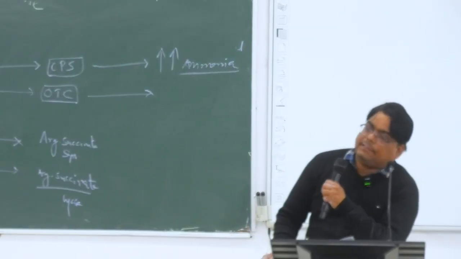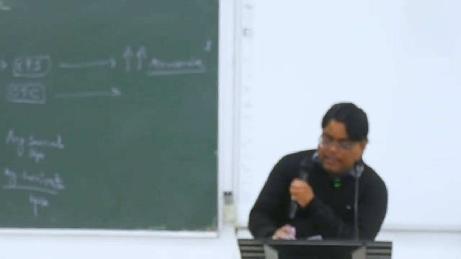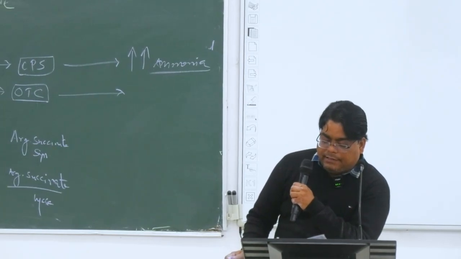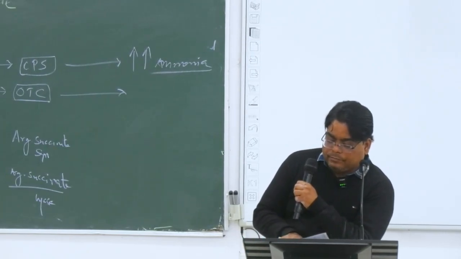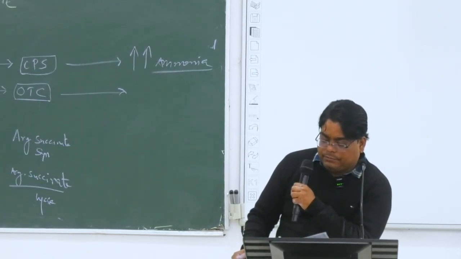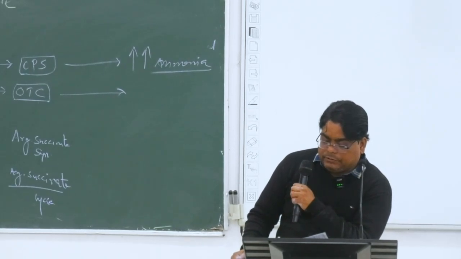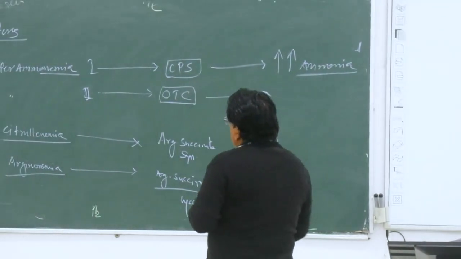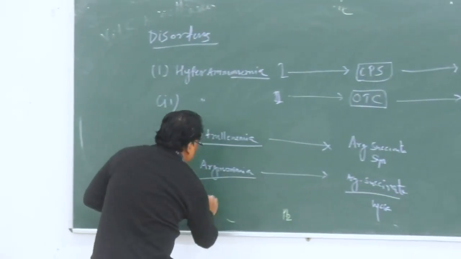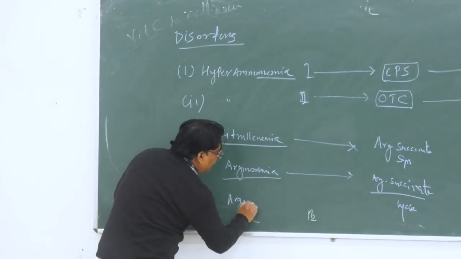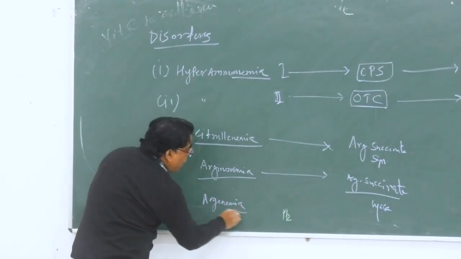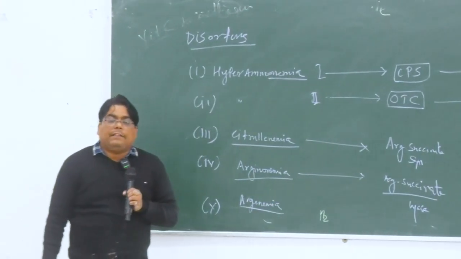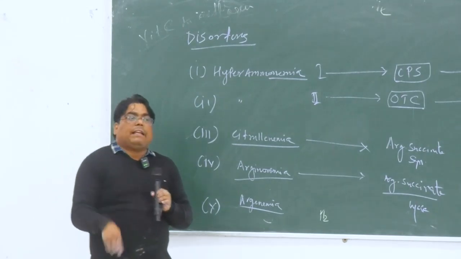Arginemia is caused by the arginase enzyme. These are the 5 disorders related to the urea cycle. How can we classify them?